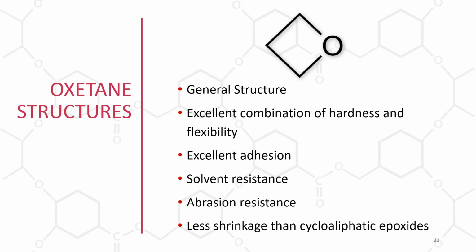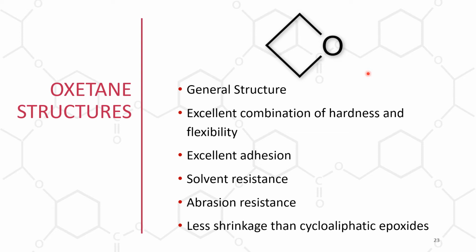In addition to cycloaliphatic epoxides, there's another type of structure that's been quite popular in UV curable cationic curing, and that's those that use the oxetane structure. I have a cartoon here of a general structure for an oxetane, and you can notice its similarity to cycloaliphatic epoxides.